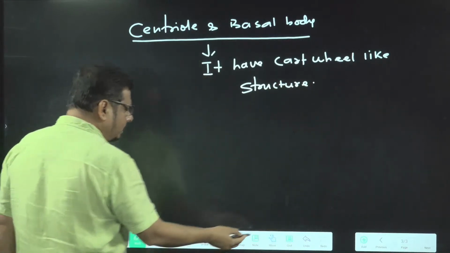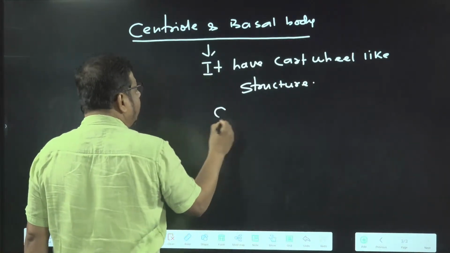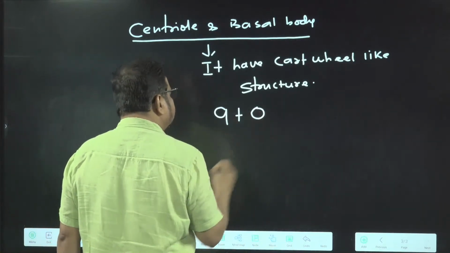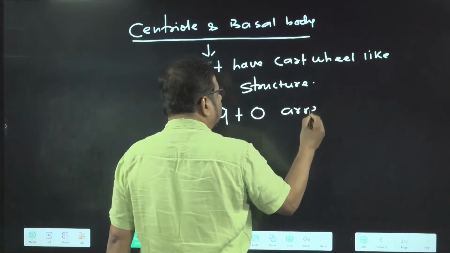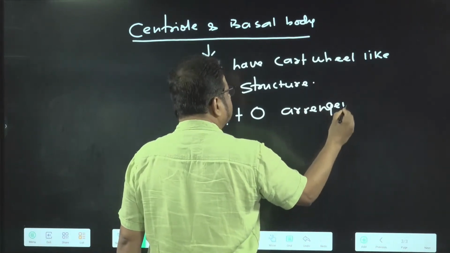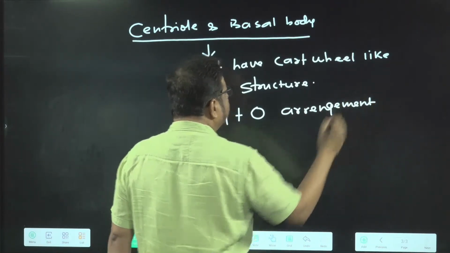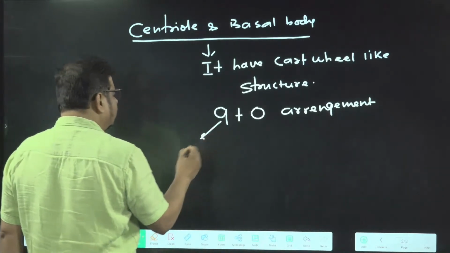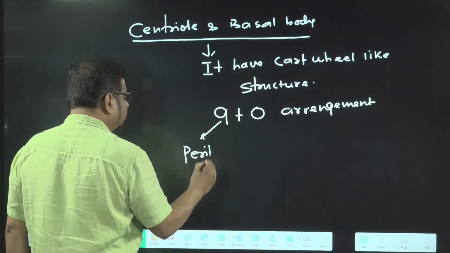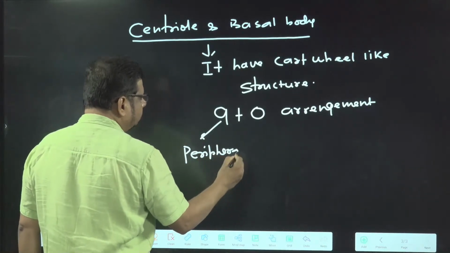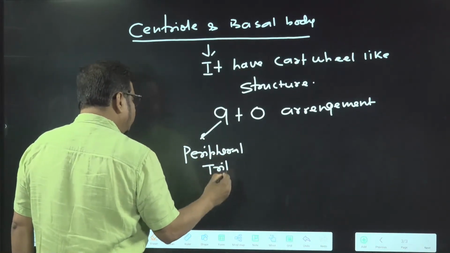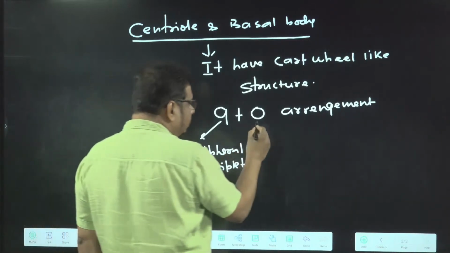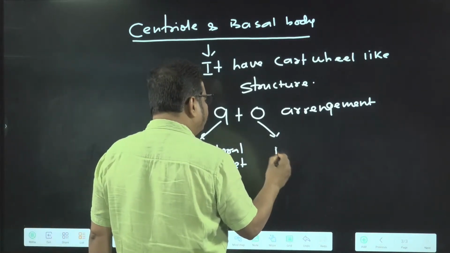A 9 plus 0 arrangement is present in both centriole and basal body. 9 is the peripheral triplets, not doublets, unlike cilia and flagella. Getting the things or not? And 0 means no central microtubule.